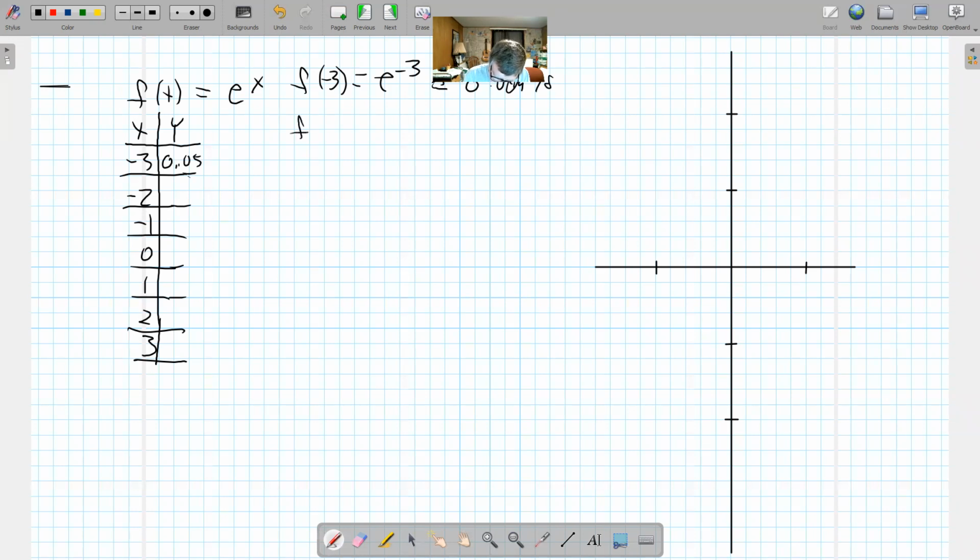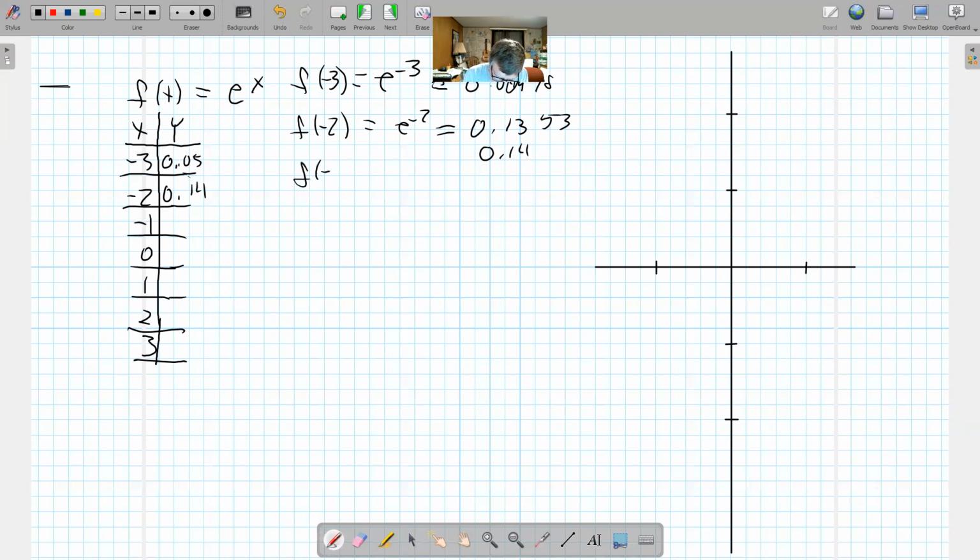How about -2? f of -2 equals e to the -2 power, which is 0.1353. Let's call that 0.14. So again, we'll round to the 100th place.